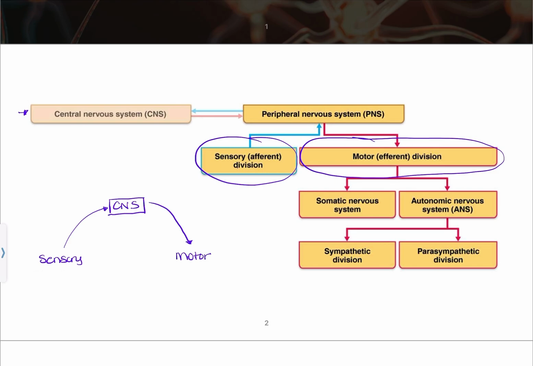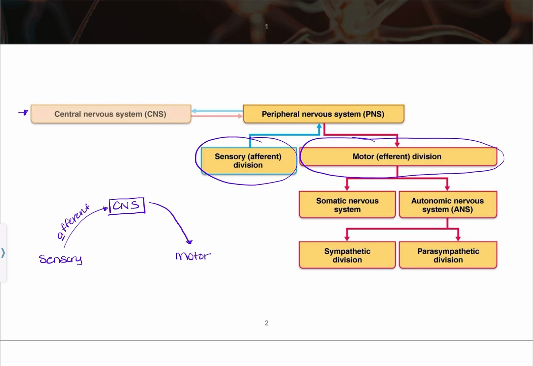So when you see sensory, it's also referred to as the afferent division, and our motor is also referred to as the efferent division. So these are just terms. If we're talking about sensory being the afferent division, anything that's on an afferent pathway means that it's approaching something.